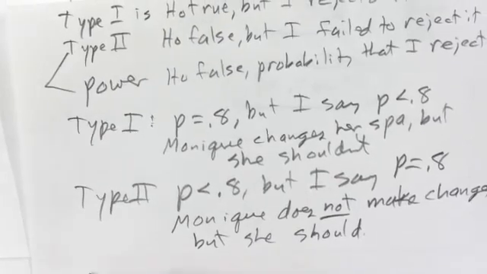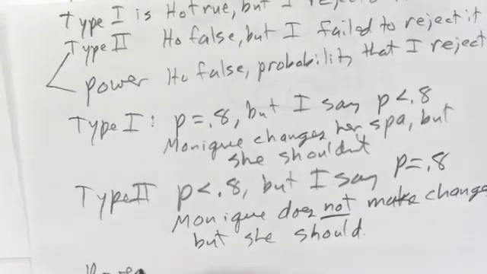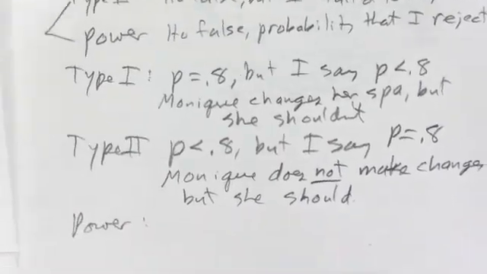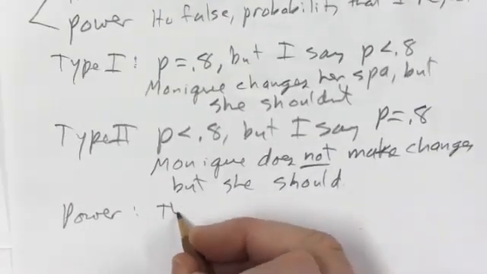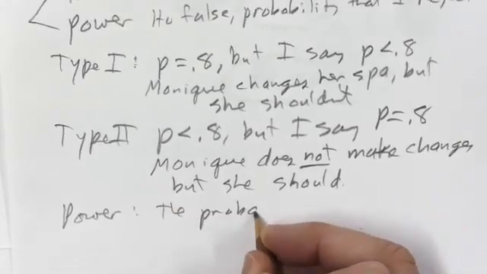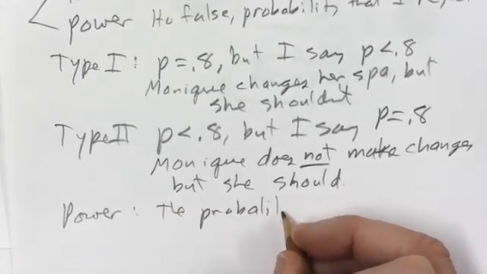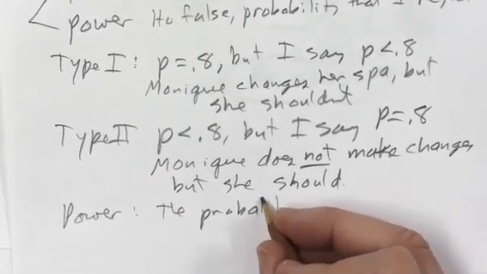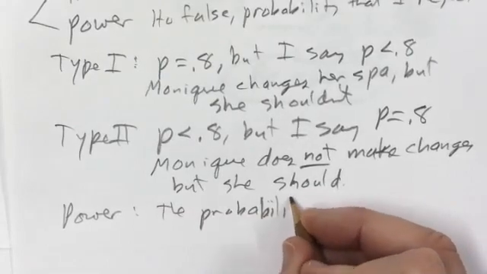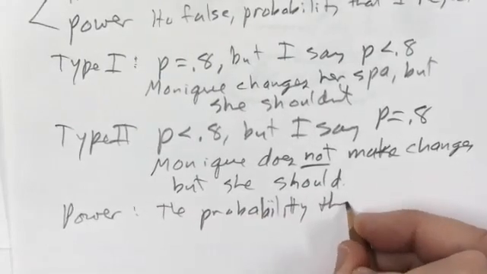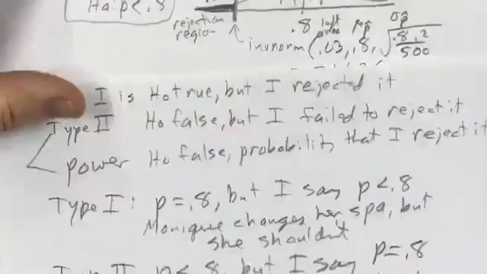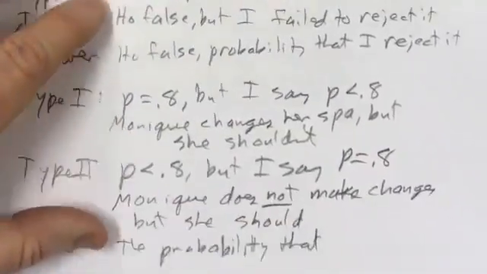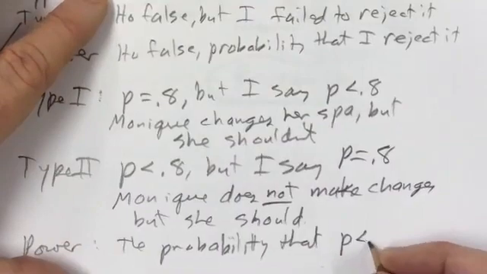All right. And so what is power? Power is a probability. It is the probability that the null is false, and the probability that P is less than 0.8.